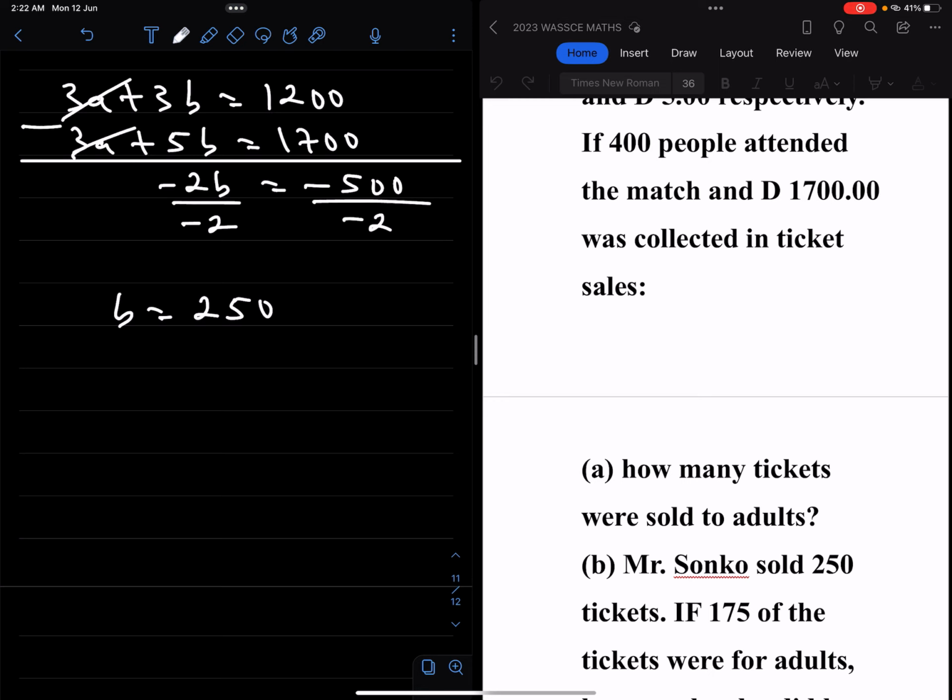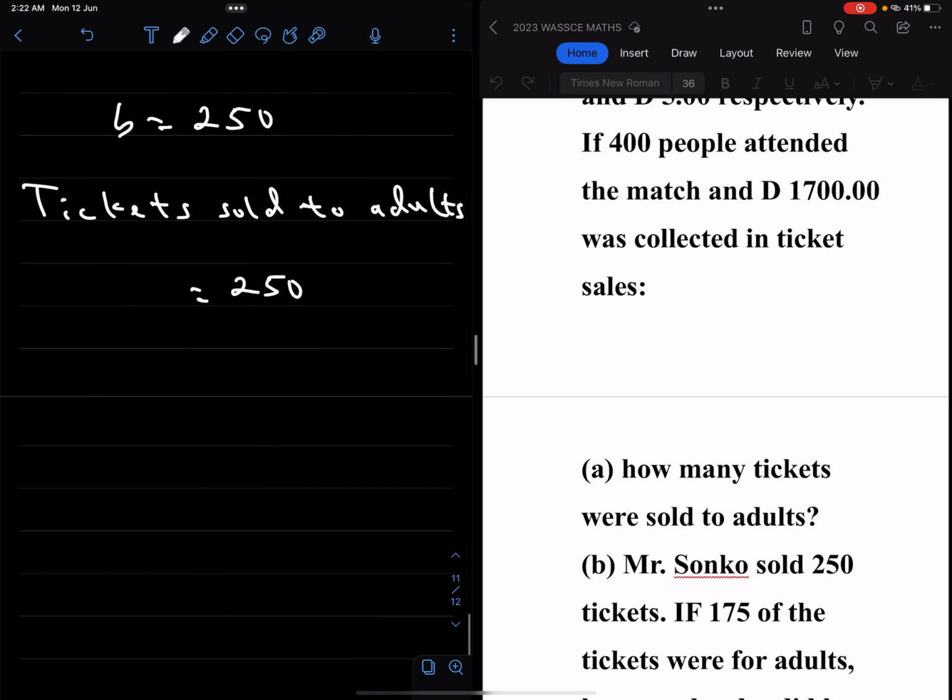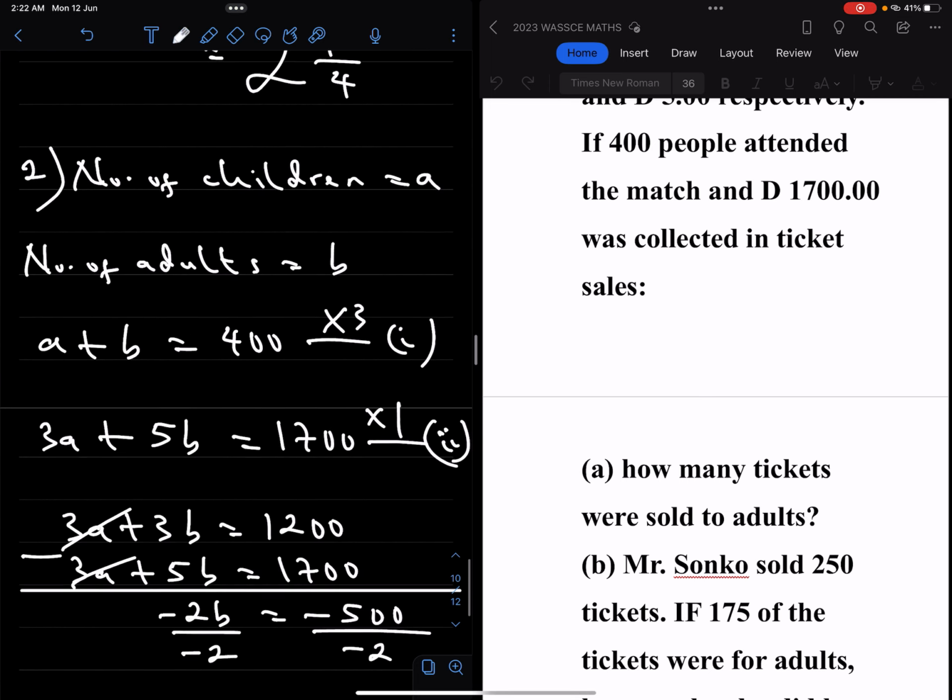Therefore, 250 tickets were sold to adults. So tickets sold to adults equals 250.